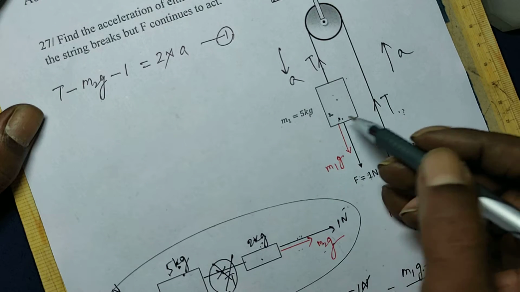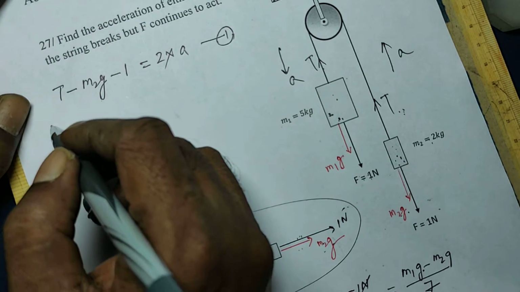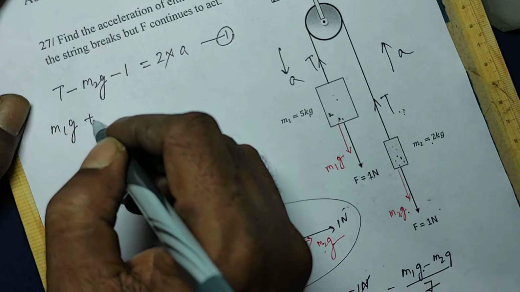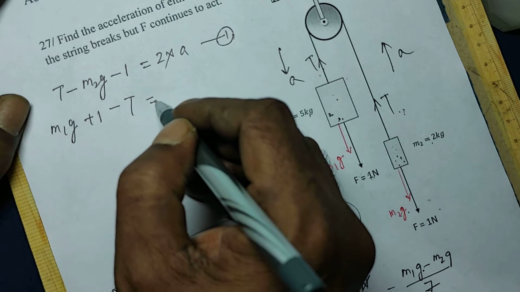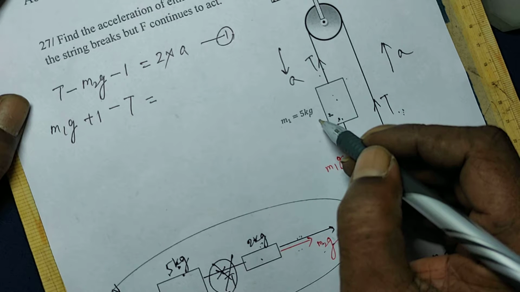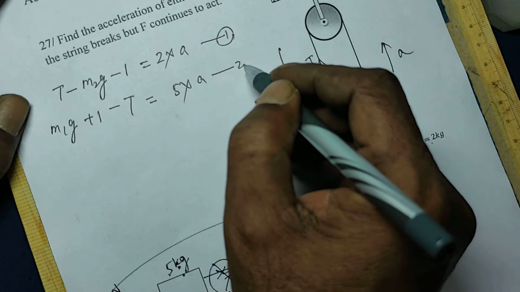And for this one, M1G plus 1 minus T is the net force on this downward, so that will be its mass into acceleration, that is equal to 5 times A.